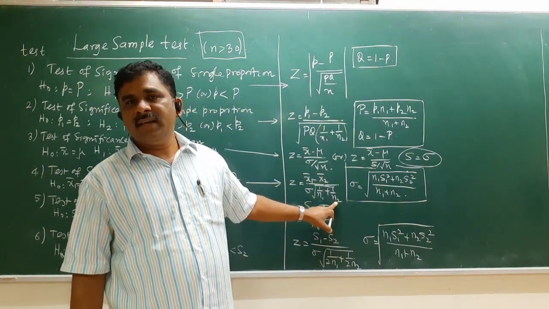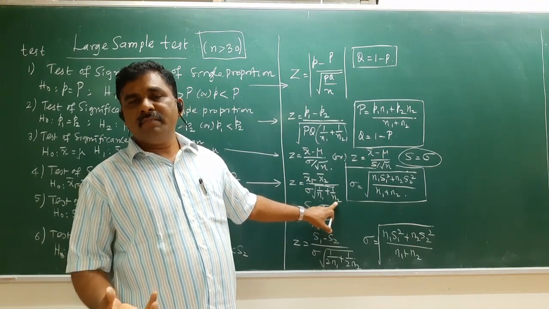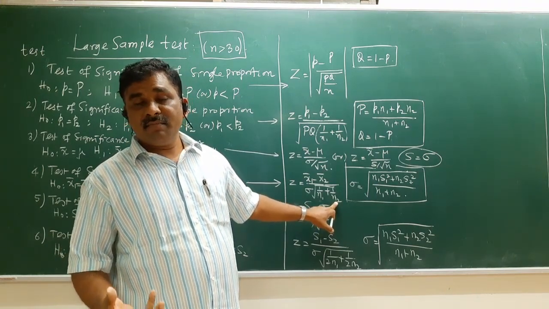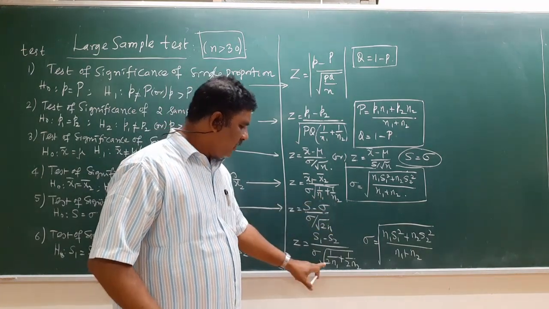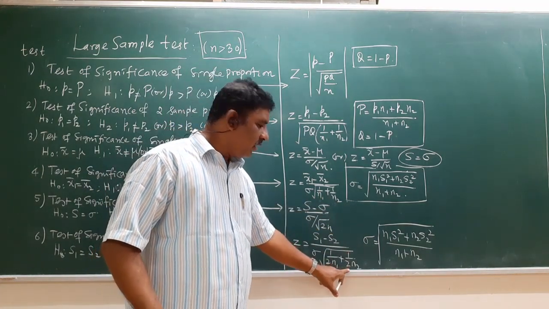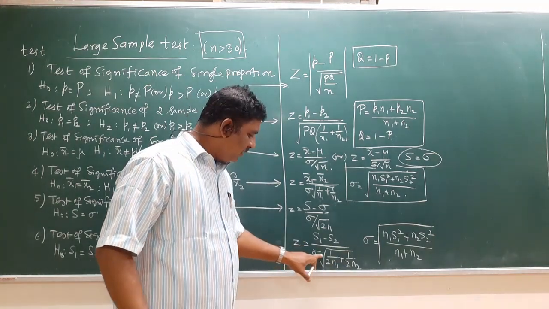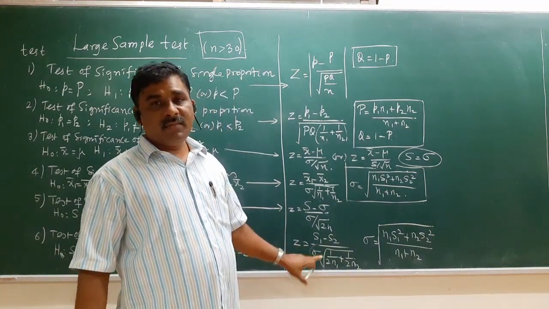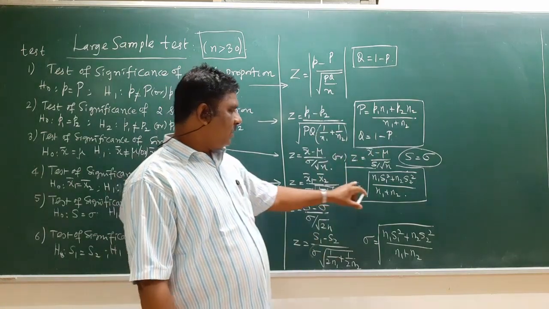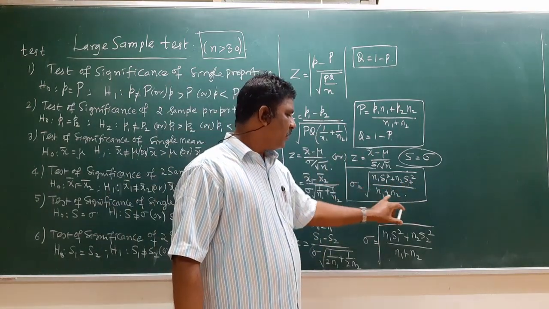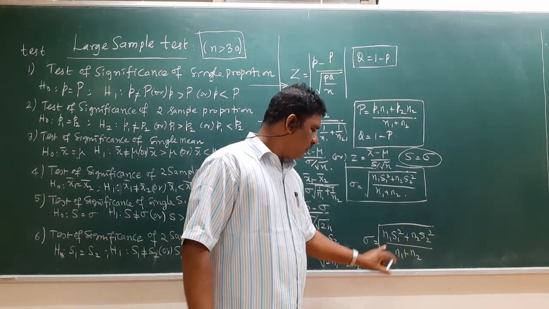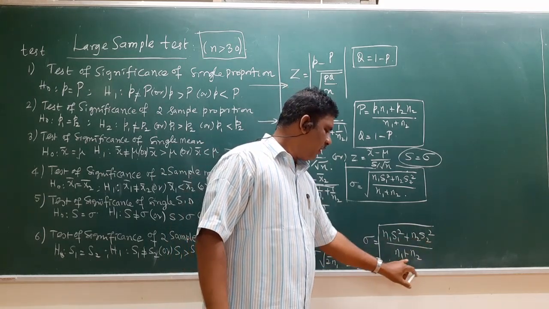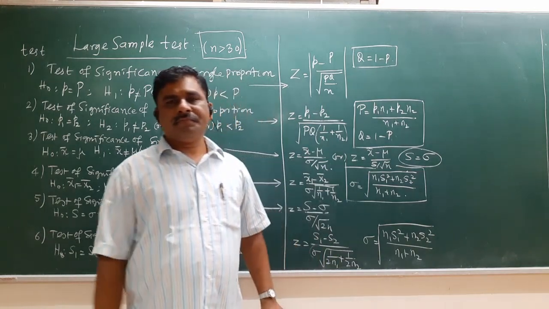When you are testing the sample standard deviations, it is not n1, n2; it is 1 by 2n1 plus 1 by 2n2. But that sigma value is the same. Sigma is the square root of n1 s1 square plus n2 s2 square by n1 plus n2.